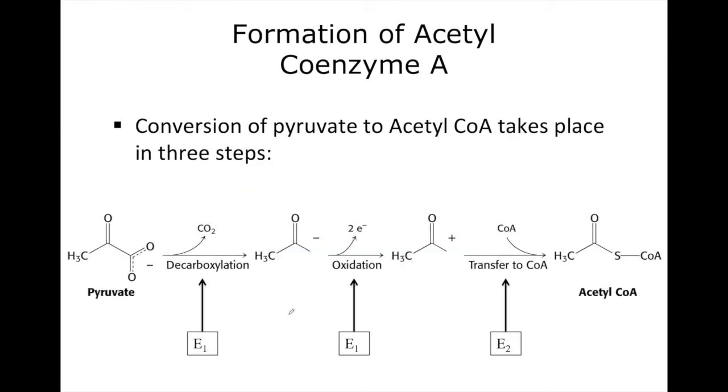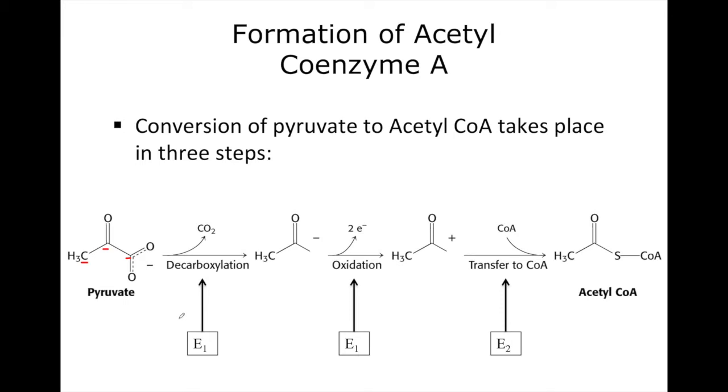So let's start off our reaction. Remember, pyruvate comes into our mitochondria from the cytosol into the matrix of the mitochondria. And pyruvate, of course, has 1, 2, 3 carbons. It's a 3-carbon molecule. And when it enters into the matrix, it enters into the active site of the E1 portion of the pyruvate dehydrogenase complex first.